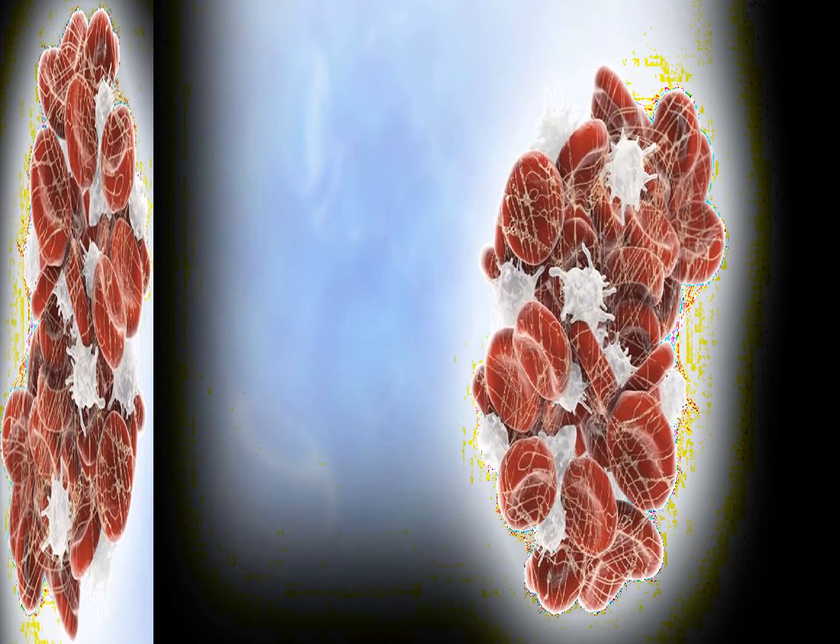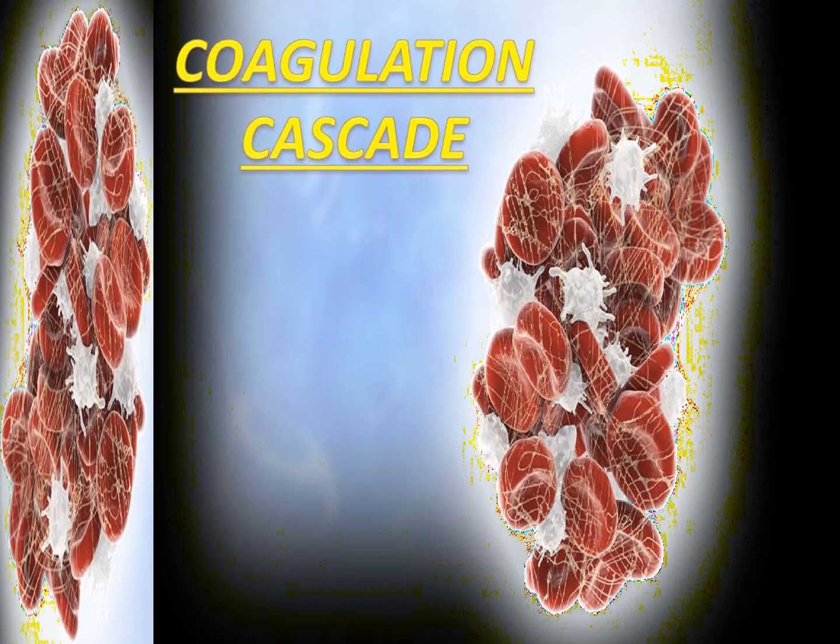So after this small introduction, let us start the study of the phenomenon by which the mechanism of coagulation takes place. In medical terminology, it is called the coagulation cascade.